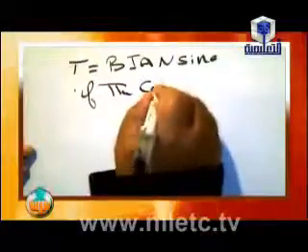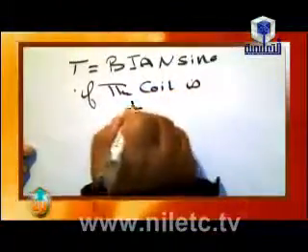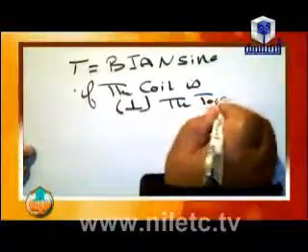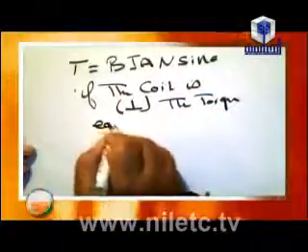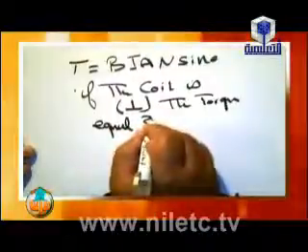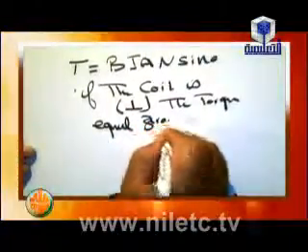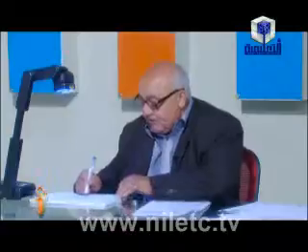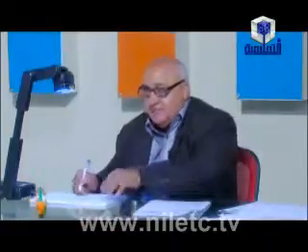If the coil is perpendicular, the torque equals 0. That means the two forces are equal in magnitude and opposite in direction, and between them there is a distance, and also the torque will in this case equal 0.